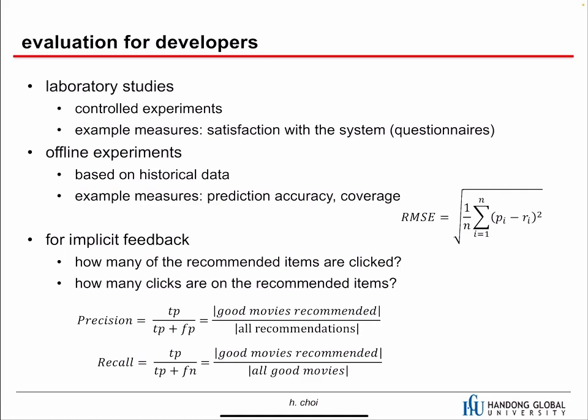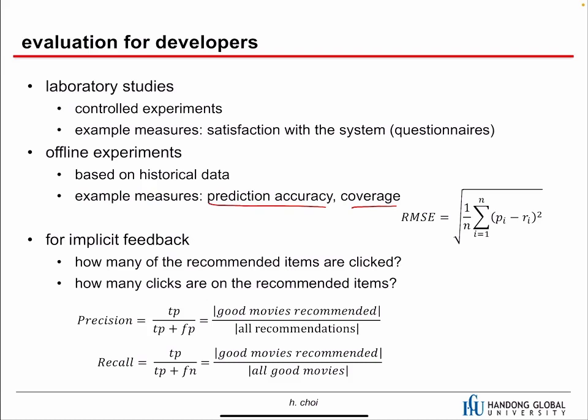If there is explicit feedback, then we can predict the explicit feedback of the last 10% based on this system, right? Then we can evaluate our system with prediction accuracy, coverage, or RMSE.